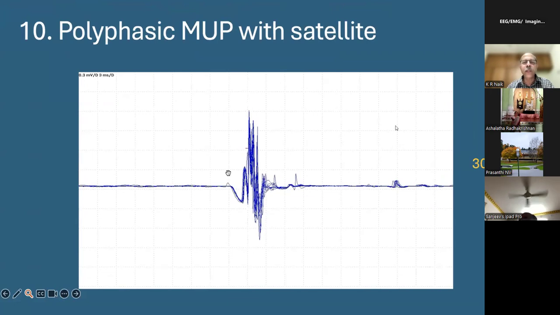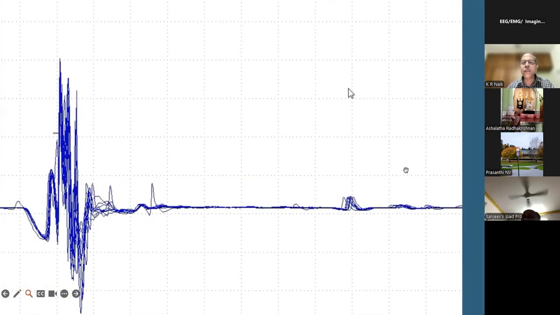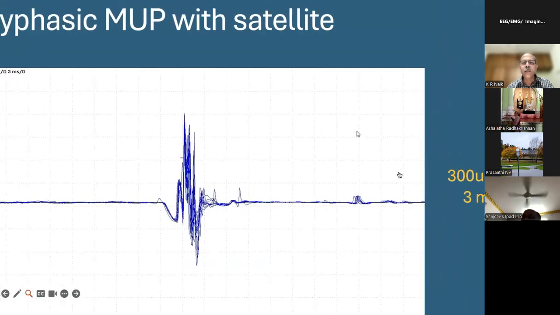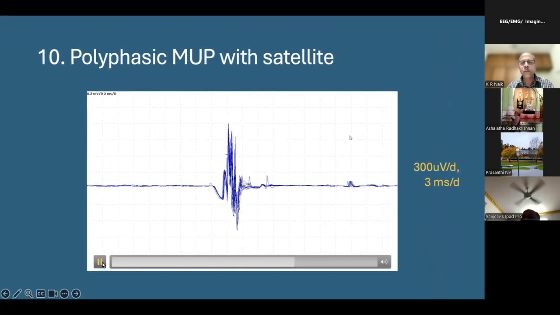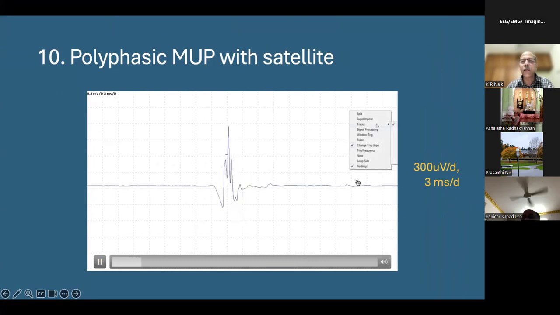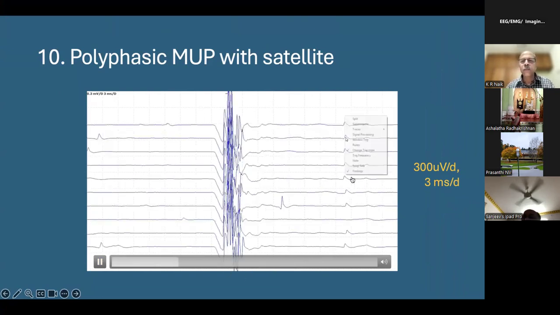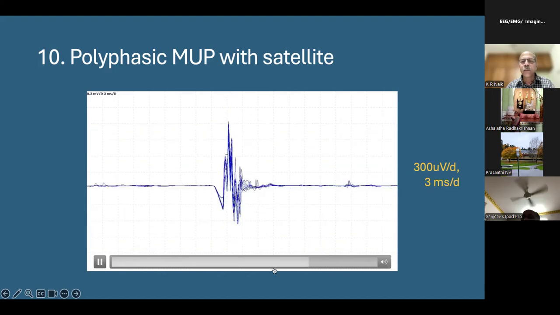Now, what should be the duration? Duration will start from here, then go till here, or should we go till this small spike which is time locked? You would have seen that this is occurring very, very regularly. Sometimes it can occur much closer.